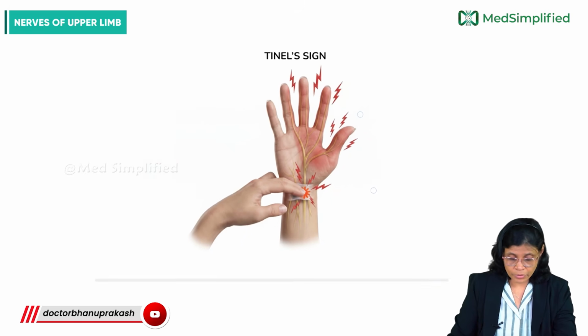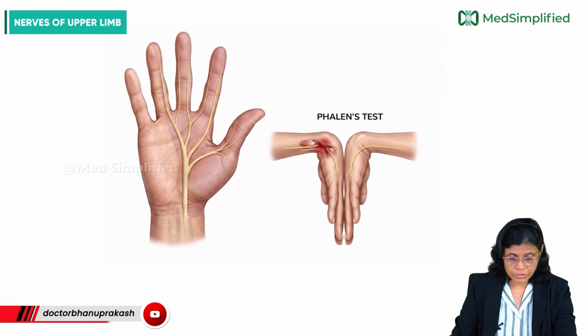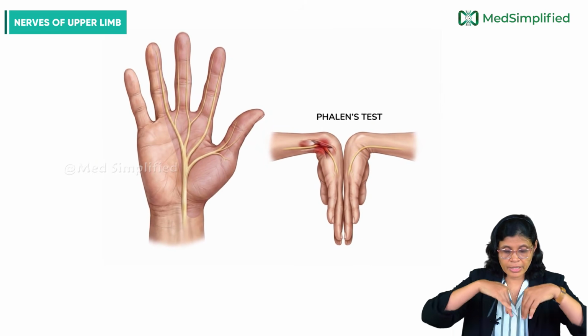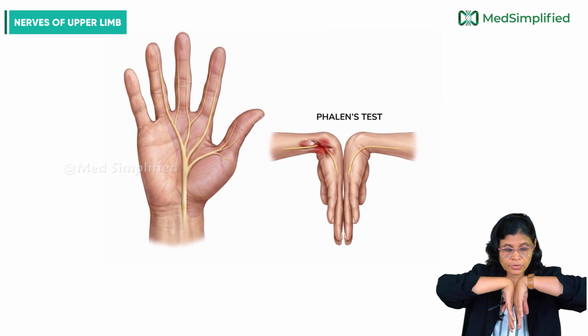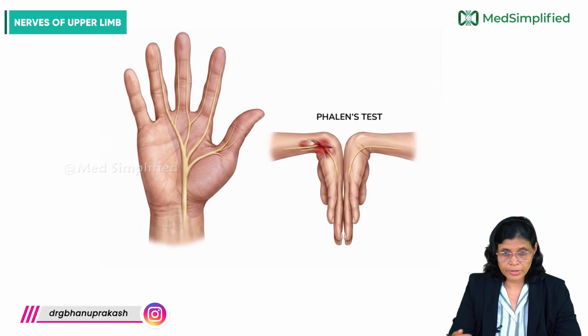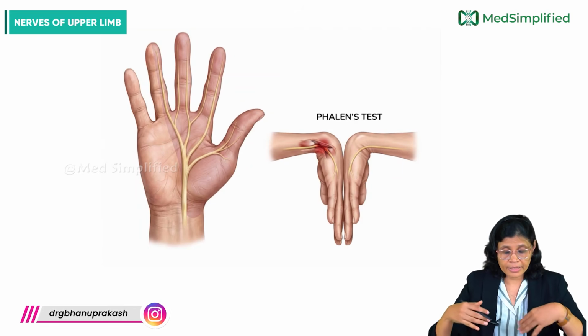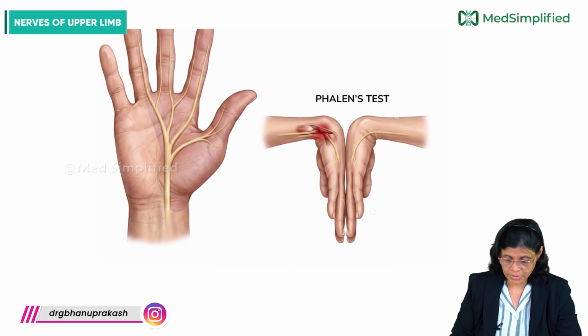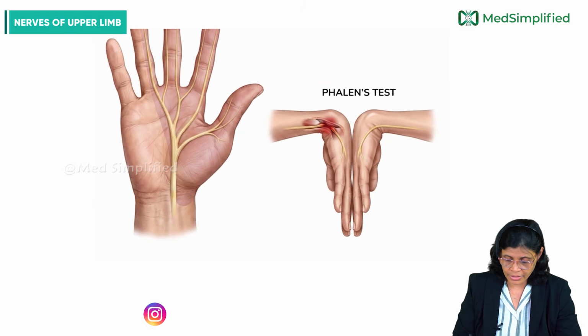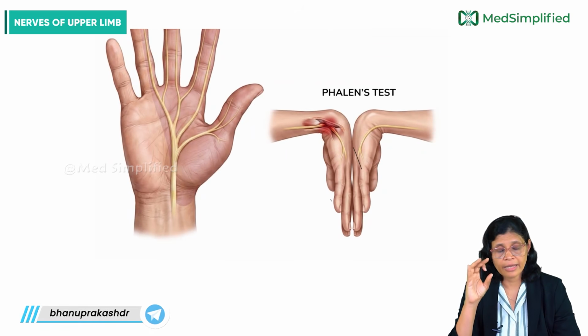Then we have one more test, that is Phalen's test. In Phalen's test, we bring about flexion of both the wrists together, opposing them against each other for a minute. We keep it this way. When we do that, what will happen? It will again produce the symptoms, because you can see the compression here. So that we call Phalen's test. So remember, Tinel sign and Phalen's test are both for the median nerve.